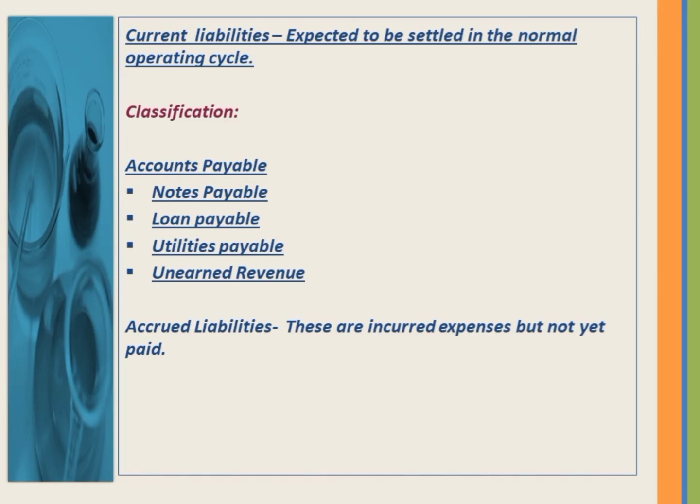For unearned revenue, this is also our obligation because the customer made an advance payment. However, we still owe our customer the service. So we write unearned revenue. For accrued liabilities, these are incurred expenses but not yet paid. So we call it accrued liabilities.